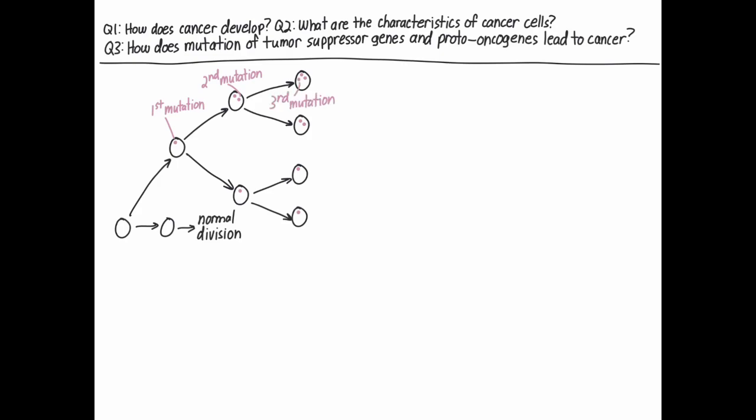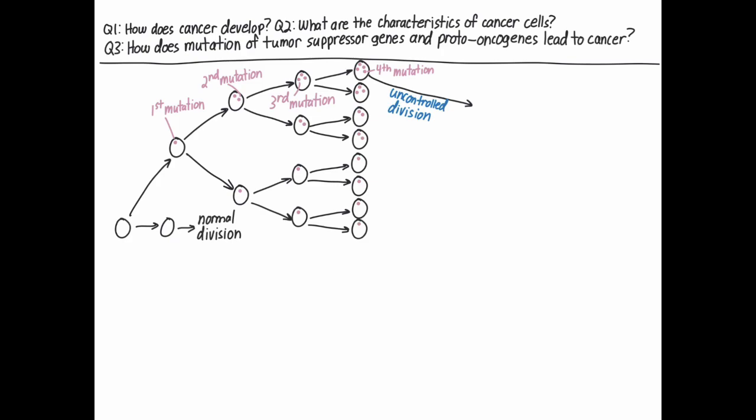Now a third mutation arises and is passed on. So by chance, some cells accumulate more mutations than others. Now a fourth mutation arises. And in this example, it's this mutation that finally destroys enough checkpoints and cell cycle regulation is lost, resulting in uncontrolled cell division.